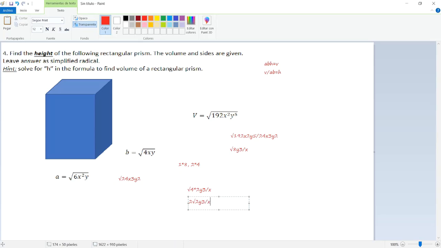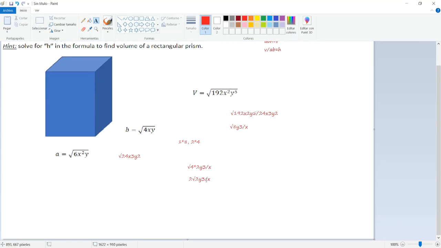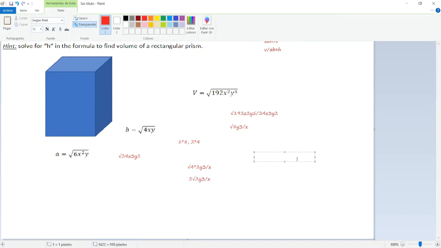What we need to do next is separate the y's to a point where we can actually divide and not get a decimal with the exponent inside the root. So it gets separated as y² and y¹, which is the same as y.